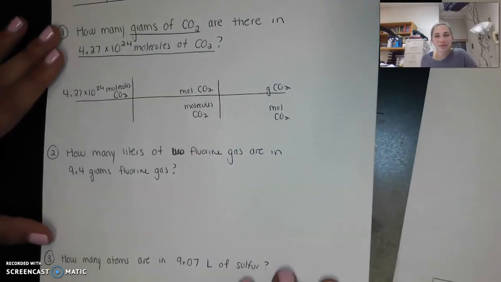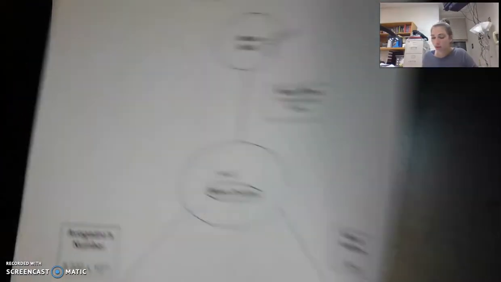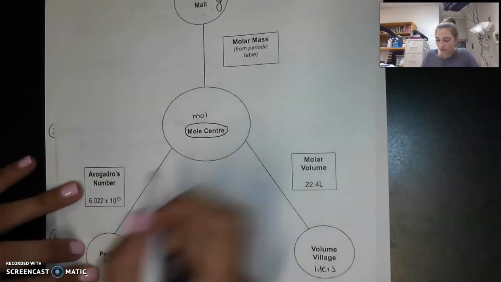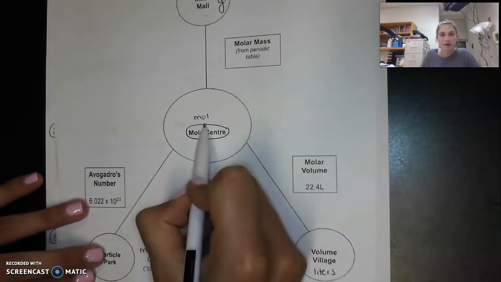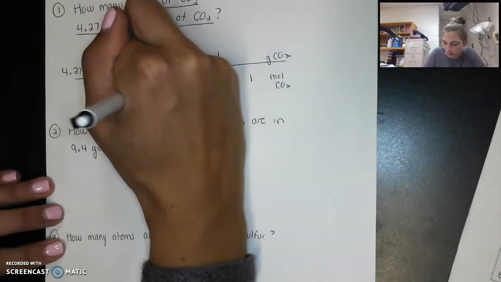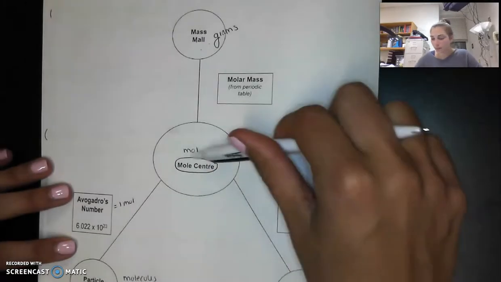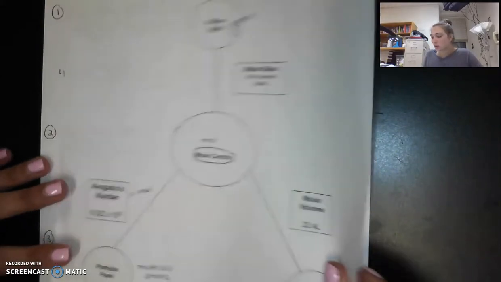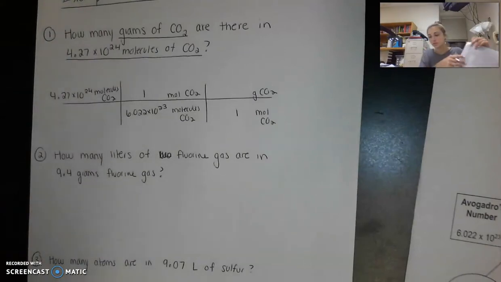Every time we see moles, we're going to put 1, because that is what we're comparing all other units to. Now, when I go from particles to moles, Avogadro's number tells us that there are 6.022 times 10 to the 23rd particles for every 1 mole of a substance. So that's what we put in front of molecules. Now, as we're going from moles to mass, the conversion is molar mass. So I have to go to my periodic table and figure out the molar mass of CO2.